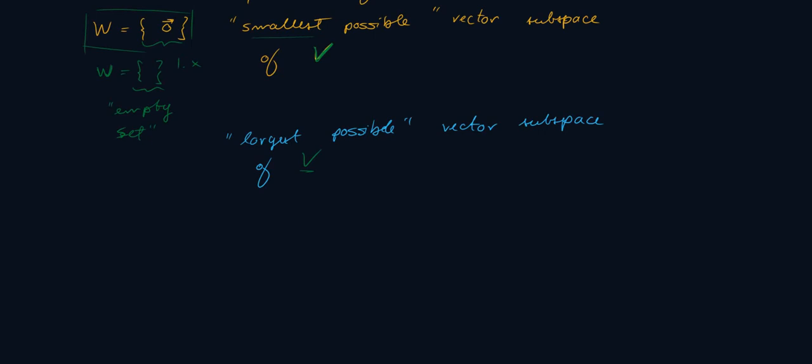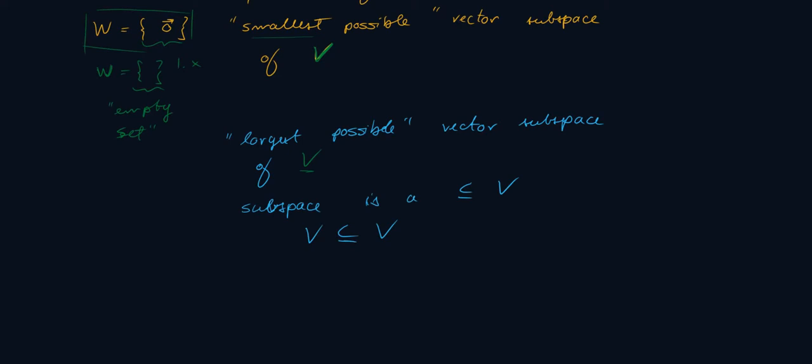So if you want to think about the largest possible vector subspace, well, we know that a subspace is a subset of V. But there's nothing preventing us from saying that V is a subset of itself, because you can always say that in set theory.